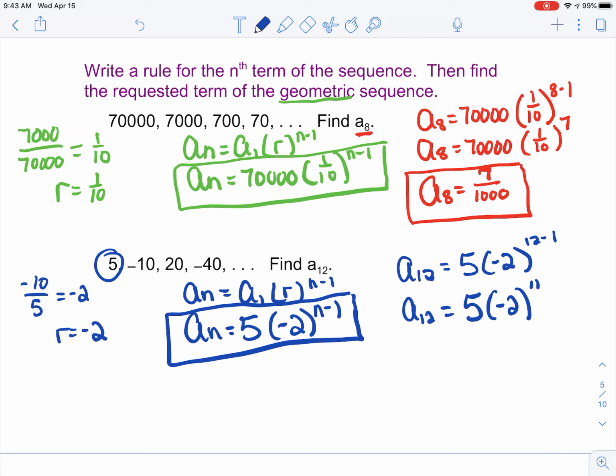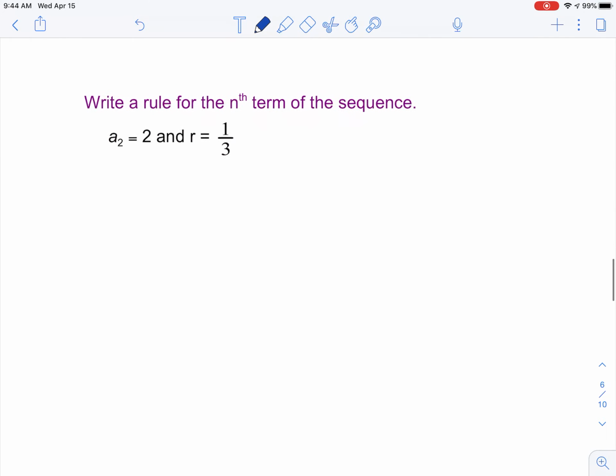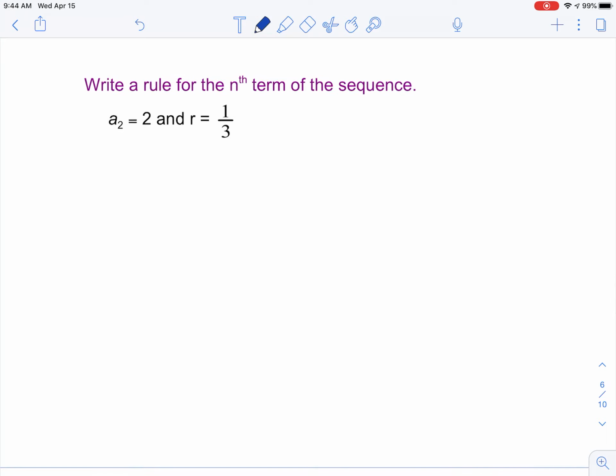Remember that negative 2 is to the 11th power, not these multiplied. So you should get negative 10,240 as your 12th term. All right, we're just plugging everything into the formula.